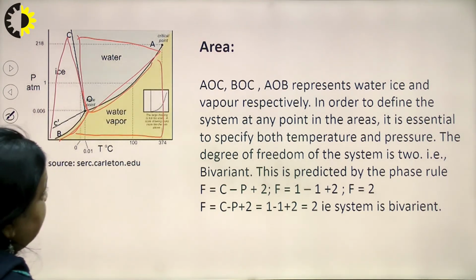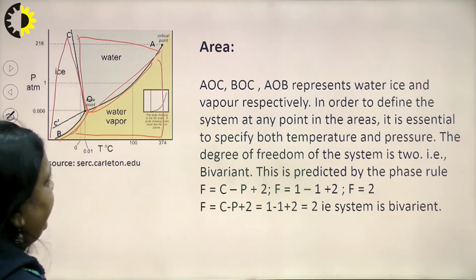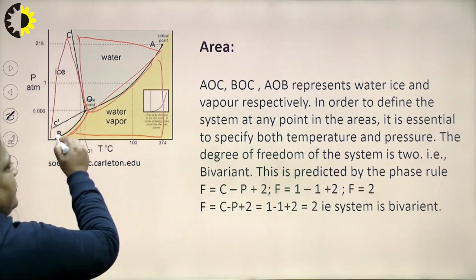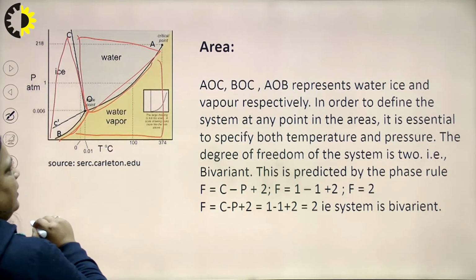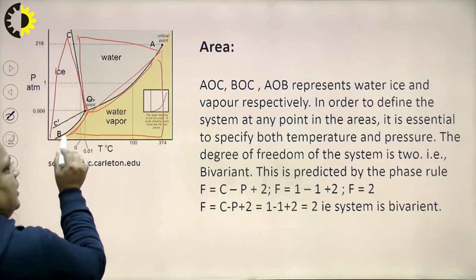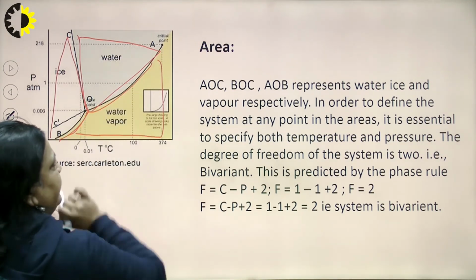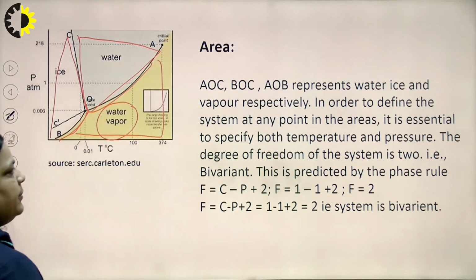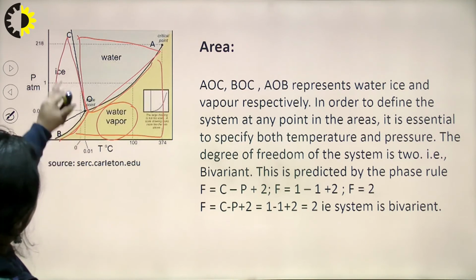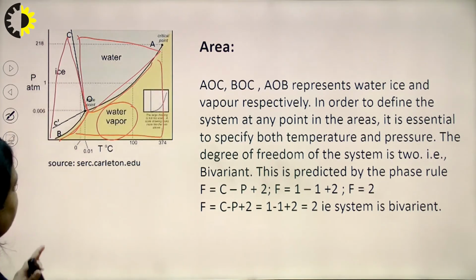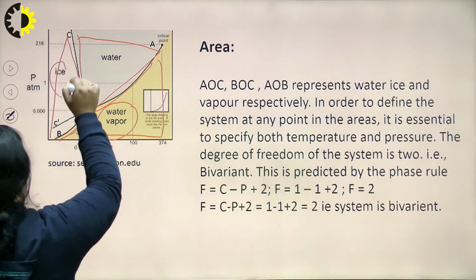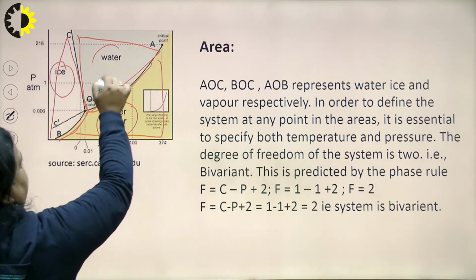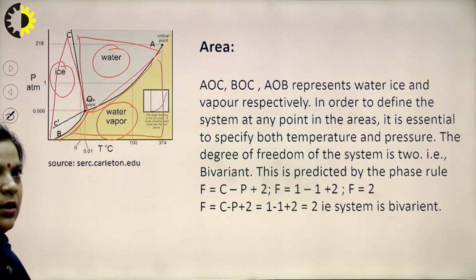And how do we find which one is for which phase? In case of AOB, on increasing the temperature, the pressure increases, that is, it is for water vapor. For BOC, it shows the reverse behavior, that is, it is for solid. So, automatically the third will be for water.